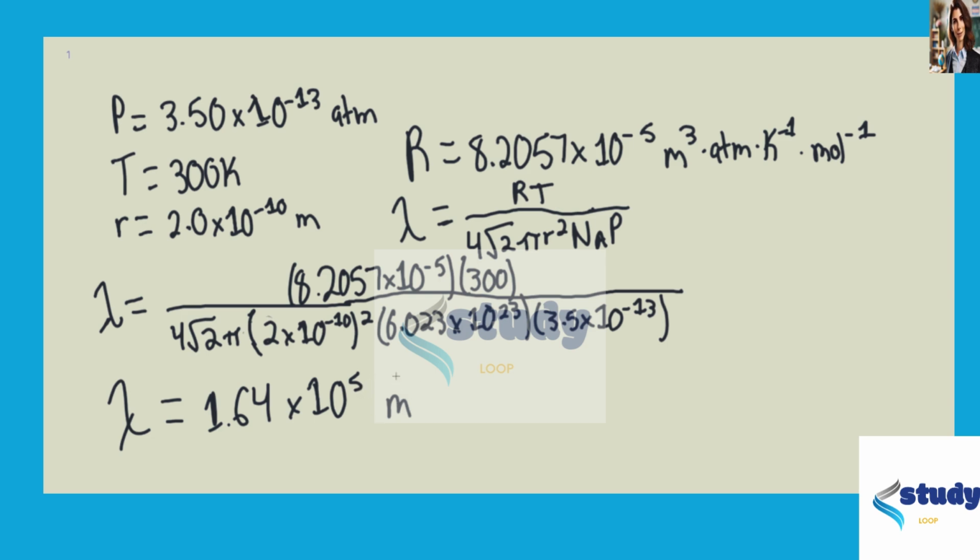So the whole idea of even creating a vacuum is so that when you create a vacuum and you deliberately send molecules or protons, electrons, whatever you may be sending through the vacuum, it serves as free space. So when it says mean free path of air molecules, that means that an air molecule has to travel 1.64 times 10 to the 5th meters. That's an average. So the average length before it hits another molecule.